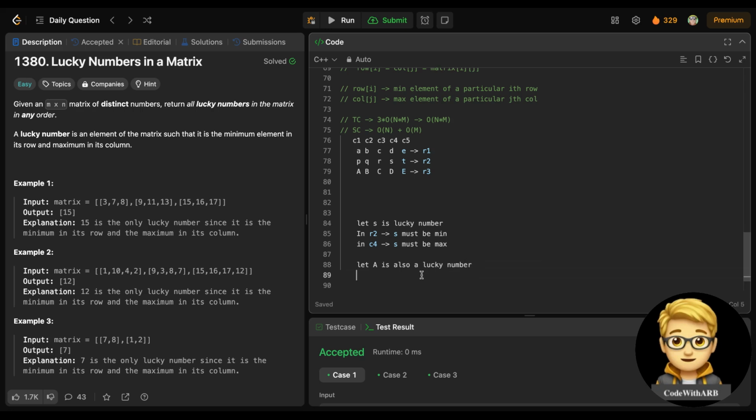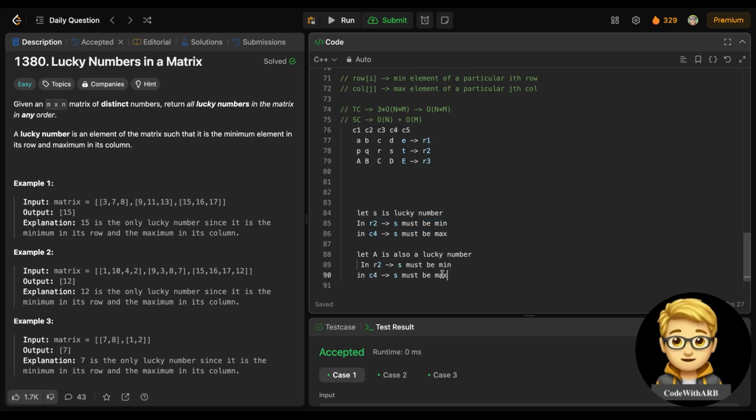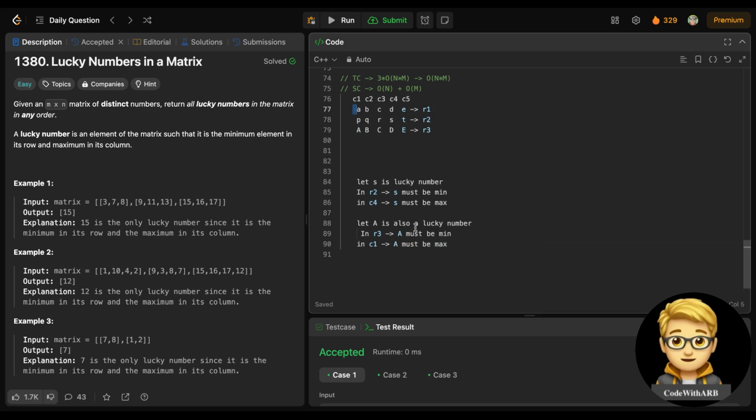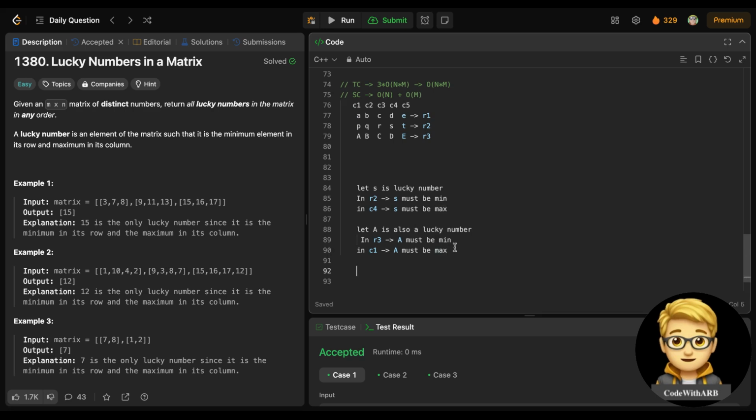So if a is also a lucky number, it means in r3 a must be minimum, and in c1 a must be max, right? In this column, if a is the maximum number, it means this p and all the others are minimum from it.